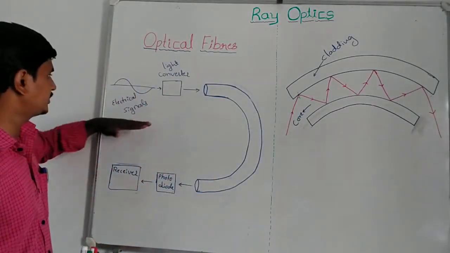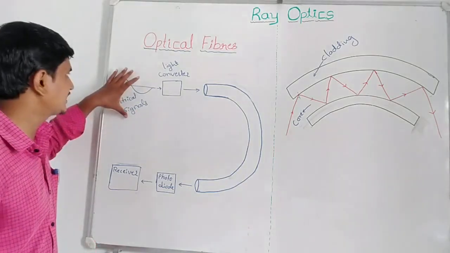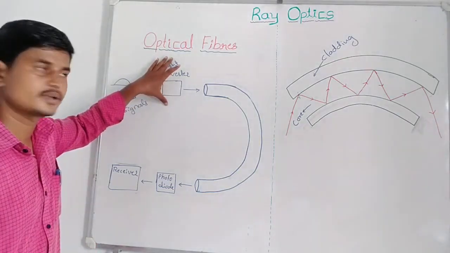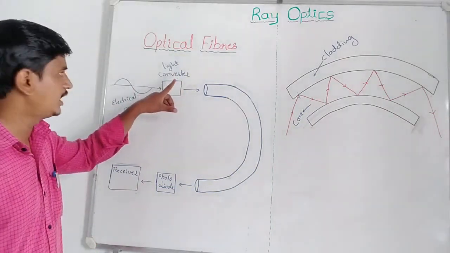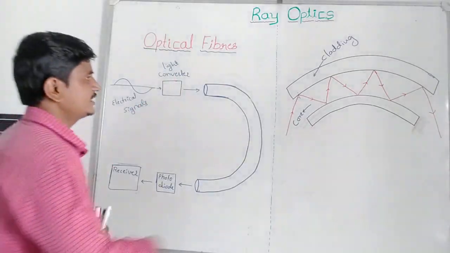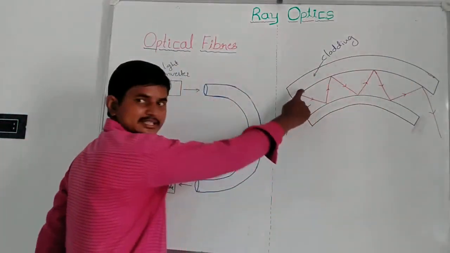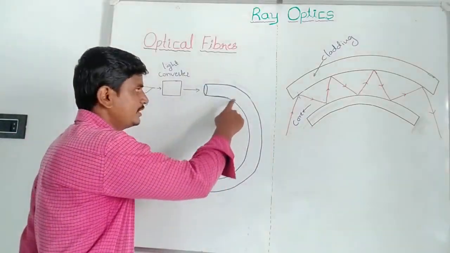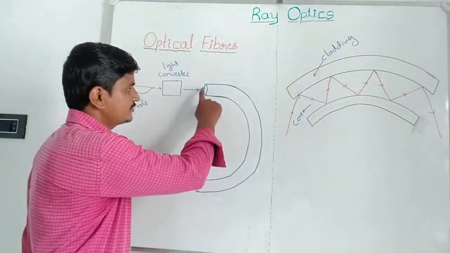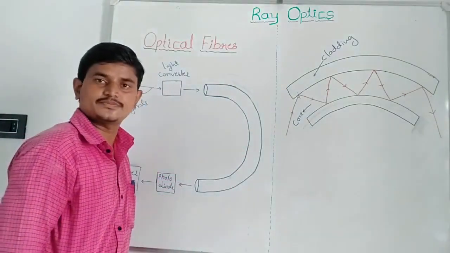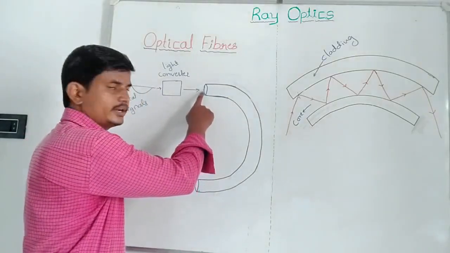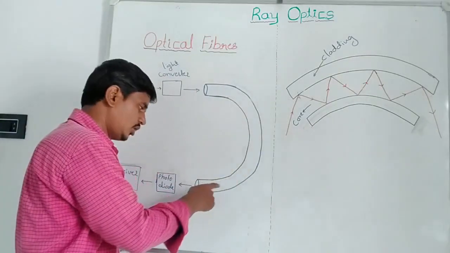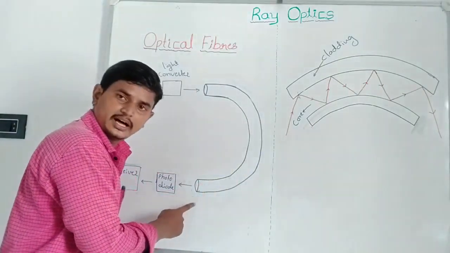Those electrical signals are converted into light signals or pulses using a light converter, and that light enters the optical fiber. Due to multiple total internal reflections, the light travels through a long distance and emerges from the other end.